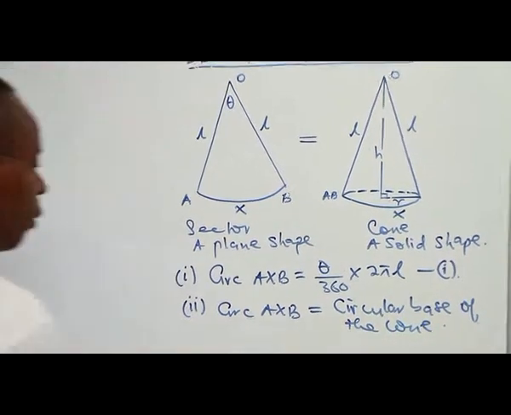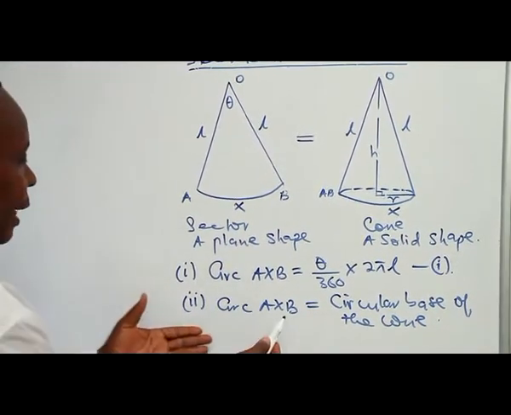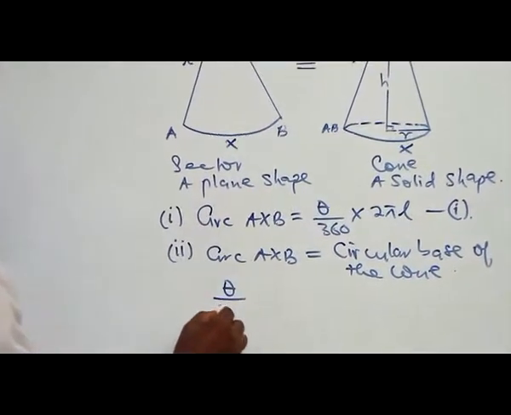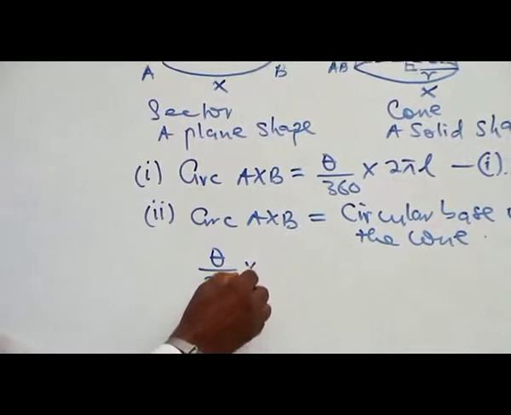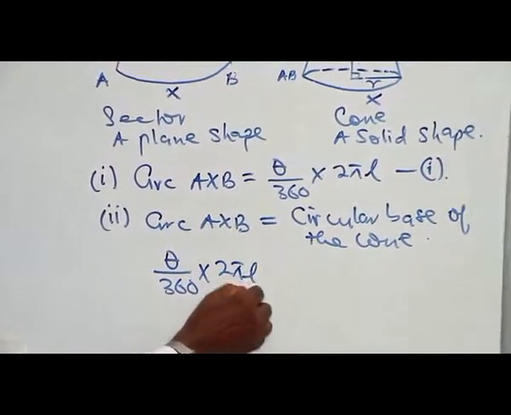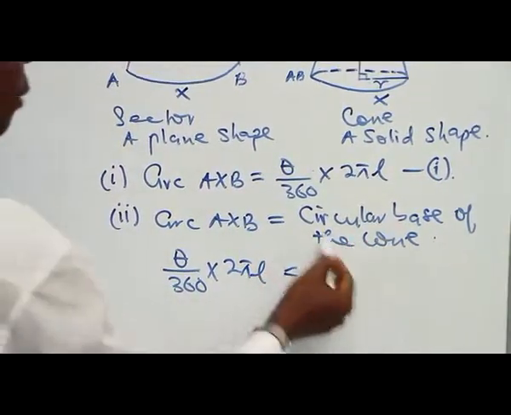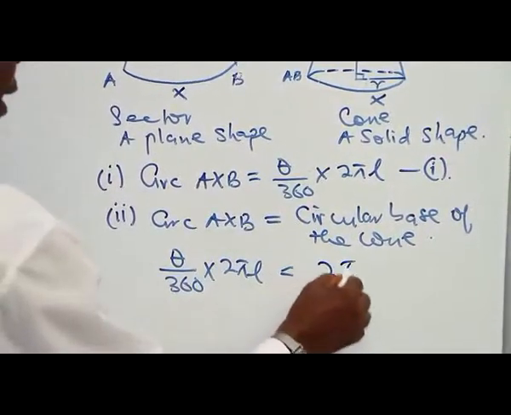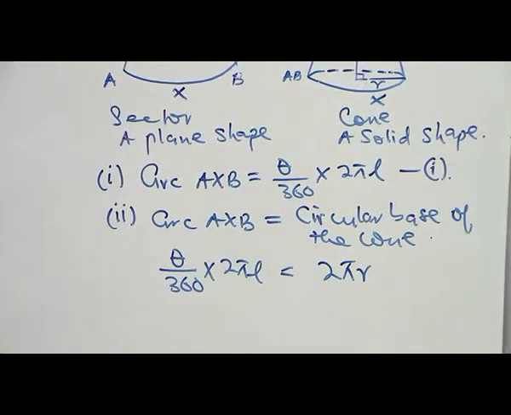Now, we have already seen that our arc ASB is equal to theta over 360 times 2 pi L. And then what is the circular base? The circumference of the base is 2 pi r. That is the circumference of the base of the cone.